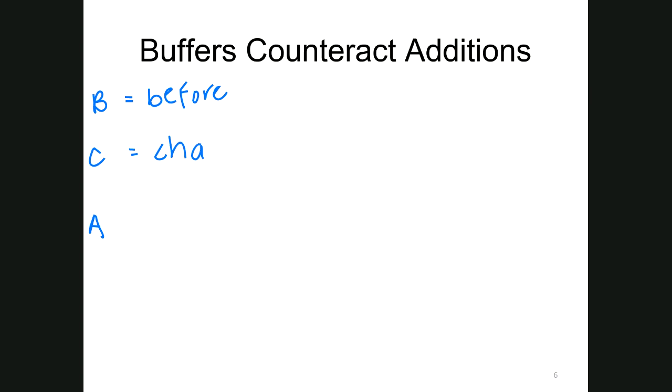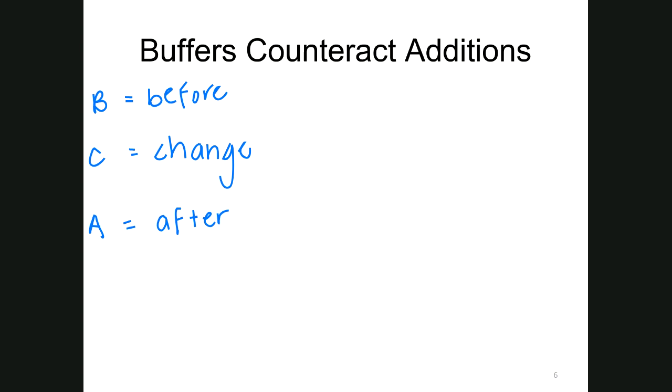And I apologize, my pen, I just recalibrated it and it seems to be acting funny on Blackboard, so hopefully you can read what I'm writing. And then A stands for after. So before, change, and after, just like we had initial, change, and equilibrium.